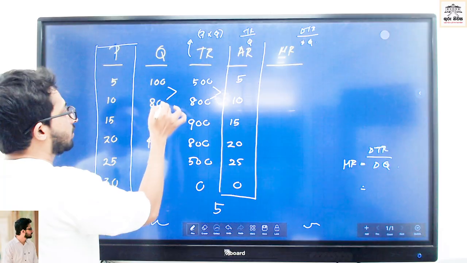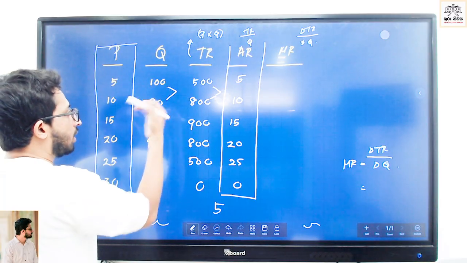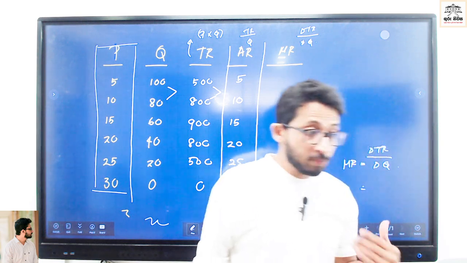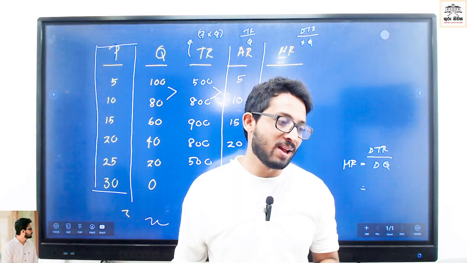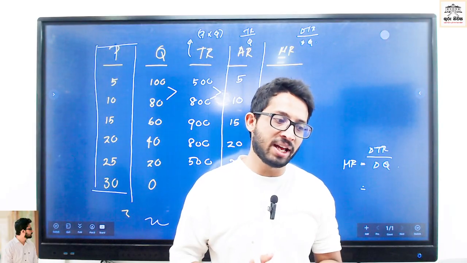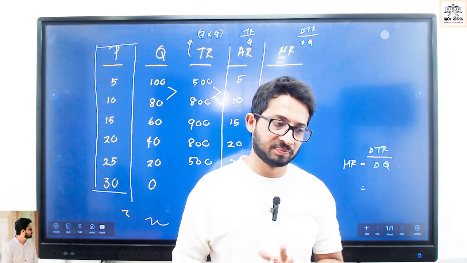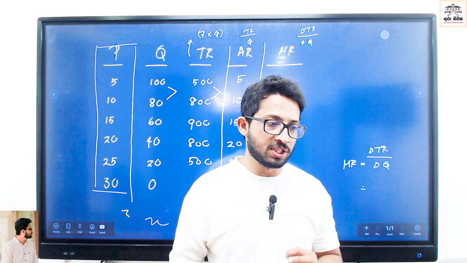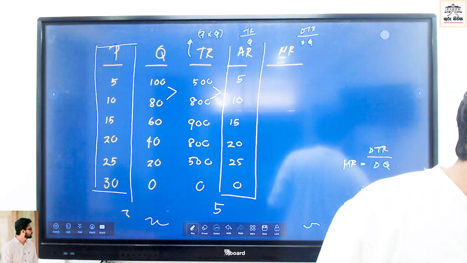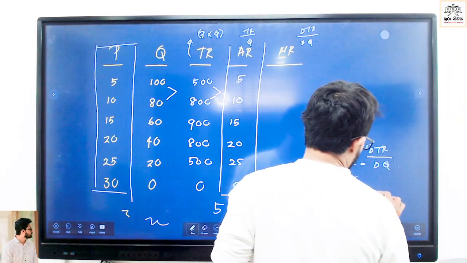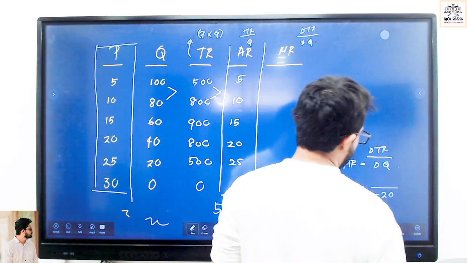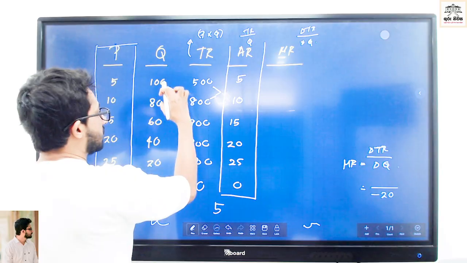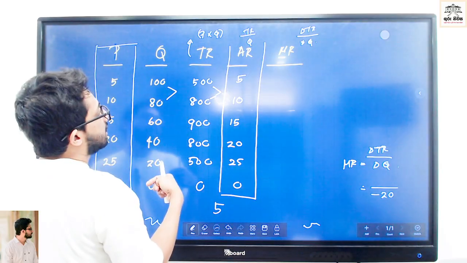Tell me, when moving from 100 to 80, is it a positive change or negative change? Negative. So here minus 20, because quantity has decreased.